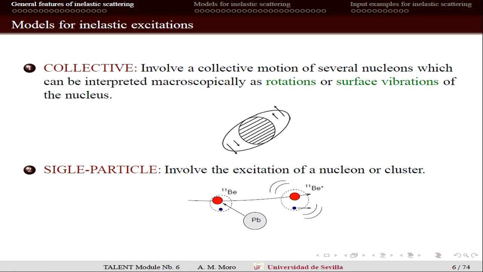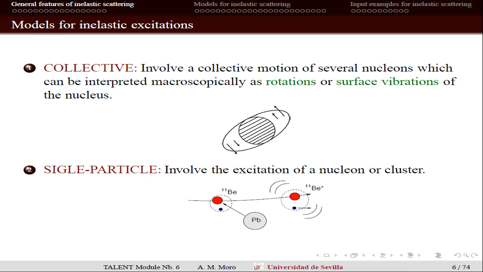Another extreme situation, like here in beryllium 11, is the single particle picture. In the single particle picture, we imagine that the excitation occurs because one particle or one cluster gets excited. We have 11 bodies in beryllium 11, so we tend to emphasize one particular degree of freedom, that is the degree of freedom corresponding to the motion of this additional particle, the halo.